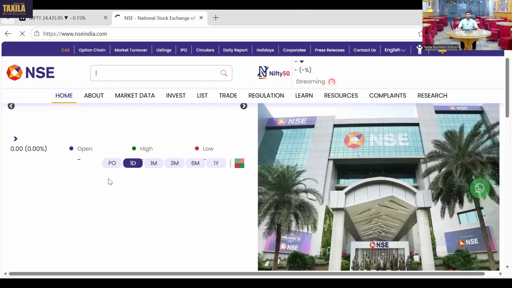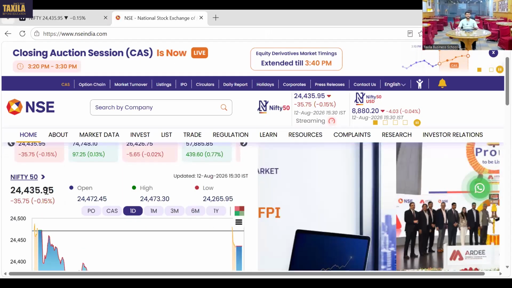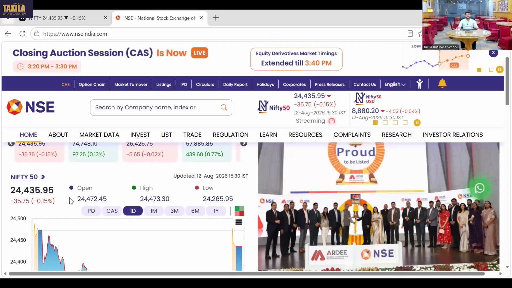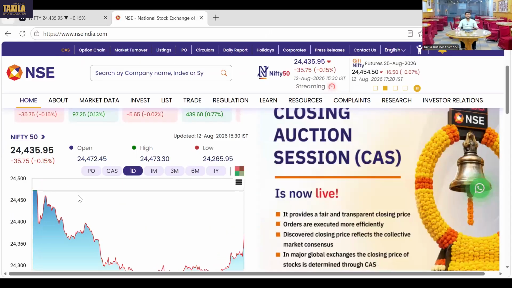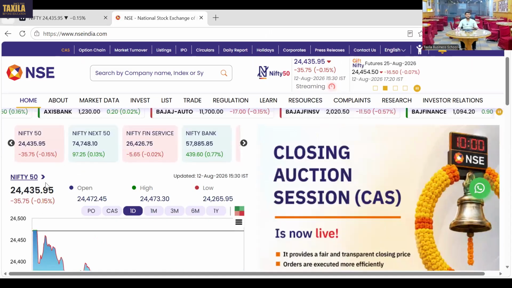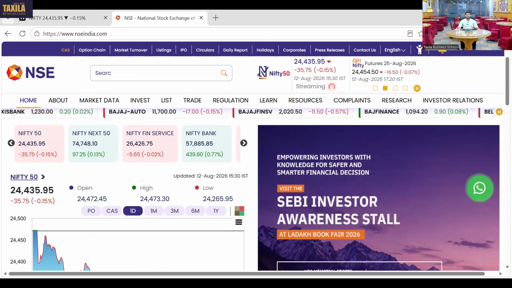Okay. So I have opened a new tab of NSE India. Is it visible to you all? If it is visible, you don't need to write yes this time. You need to write the price of Nifty 50 in the chat box. What's the price of Nifty 50 on the screen?